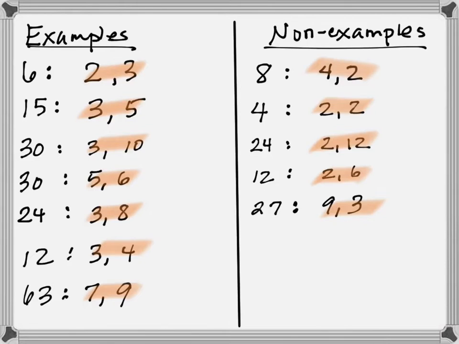Do you have an idea, Annika? In the non-examples, one of the numbers is a factor of the other. It is, and you're on the right track, except that I could do 24 is 6 times 4, and it wouldn't work either. But you're really close.